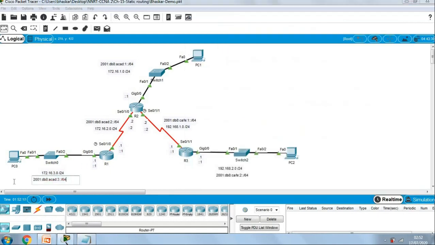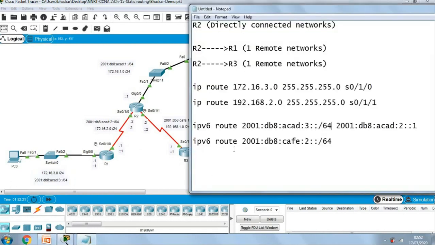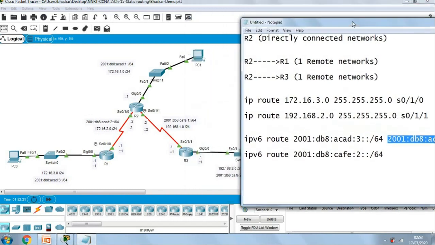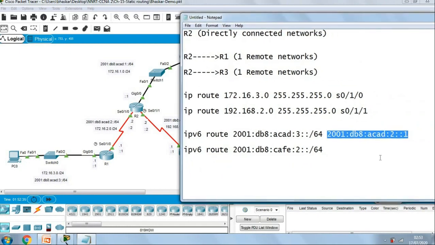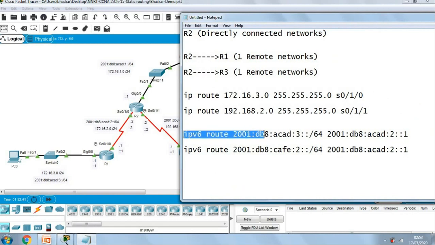From R2 I want to reach this network. What is the gateway? 2001:DB8:ACAD:2::1, right? So from here I want to reach this CAFE2 network, and the gateway is this one. Copy this one and paste it. So these are the two IPv6 routes.